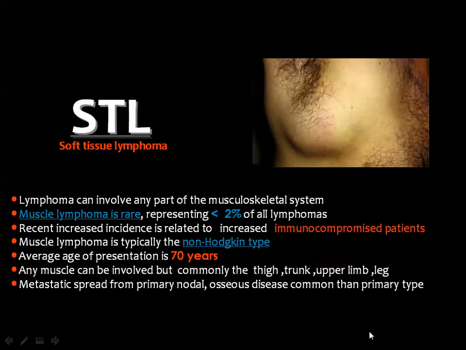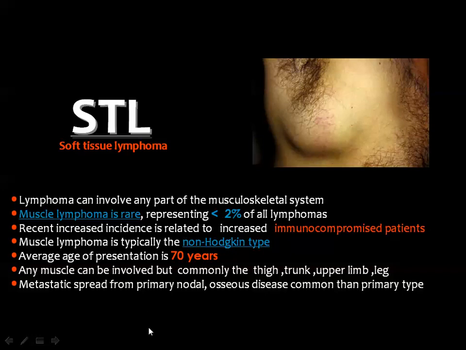Then we came to soft tissue lymphoma, and lymphoma can involve any part of the musculoskeletal system. Muscle lymphoma is rare, representing less than 2% of all lymphomas.